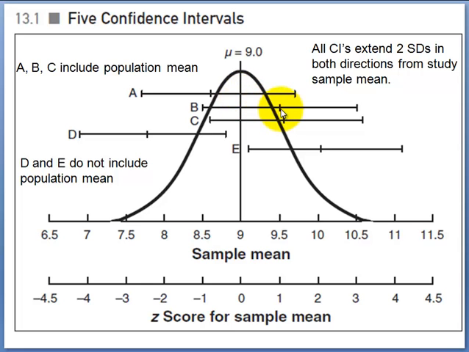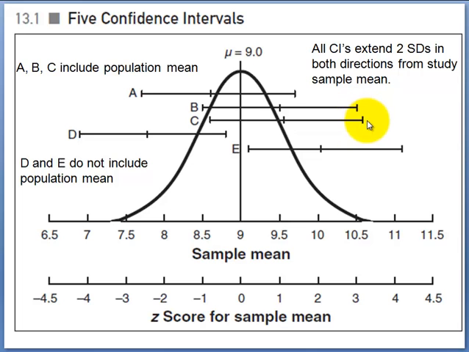The second confidence interval, which I've labeled B, perhaps the mean of your second random sample was about 9.5, and so you do the necessary calculations. You go 2 standard deviations in both directions, and this interval is indeed one that includes the population mean. And in the long run, 95% of 95% CIs do include the population mean.